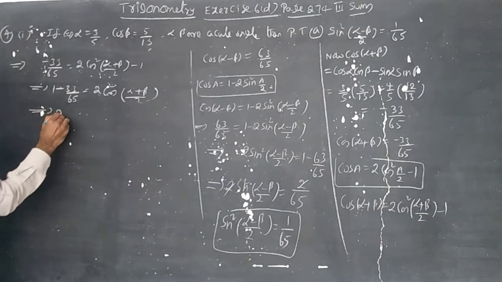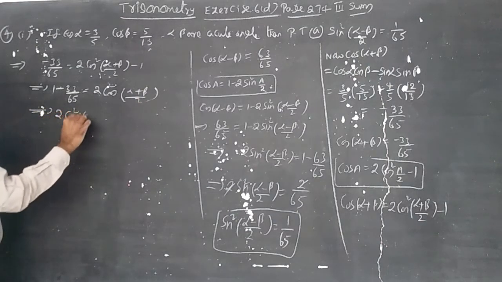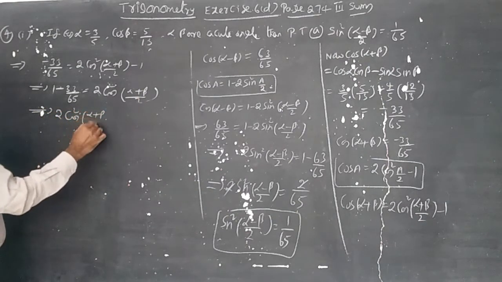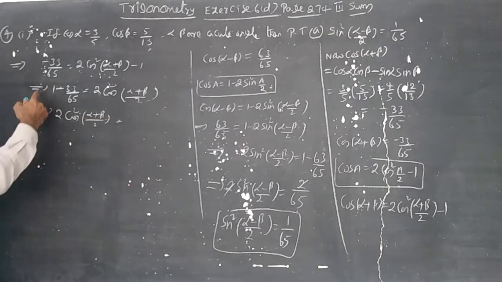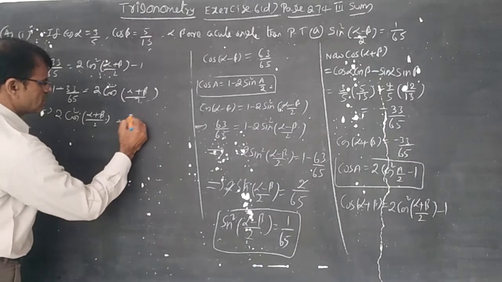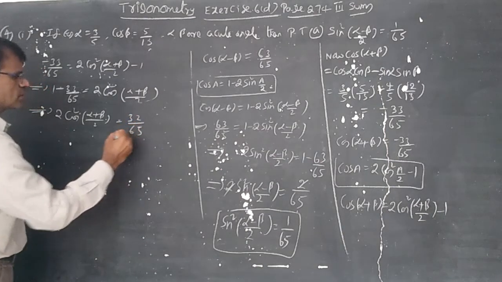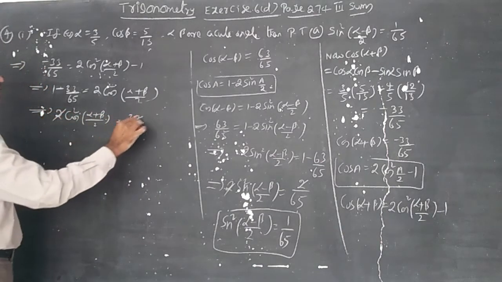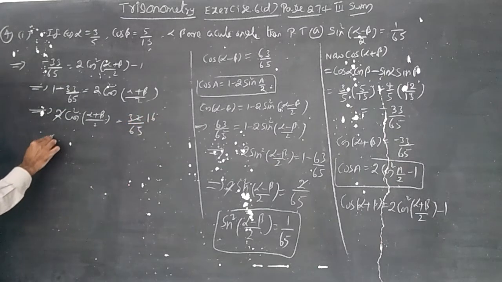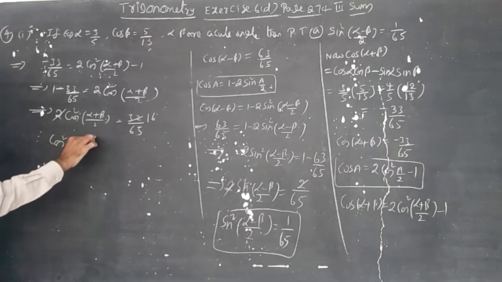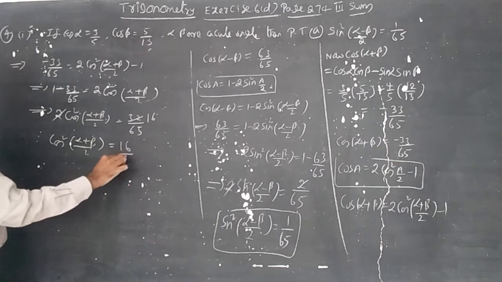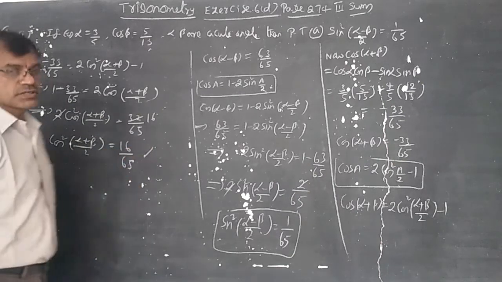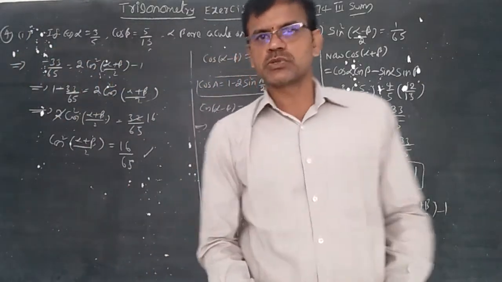That implies 2 cos square of alpha plus beta by 2 is equal to 65 minus 33, take an LCM, you can write here 32. This 2 will be dividing 32 in 16 times. Therefore, cos square of alpha plus beta by 2 is equal to 16 by 65. This is the answer. So 2 parts we have completed.